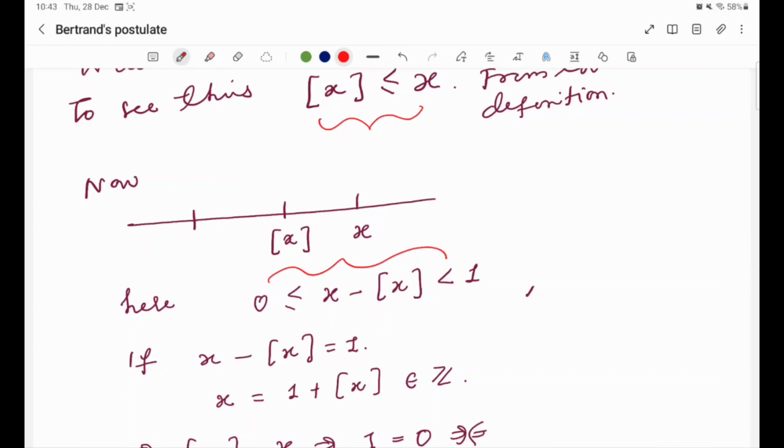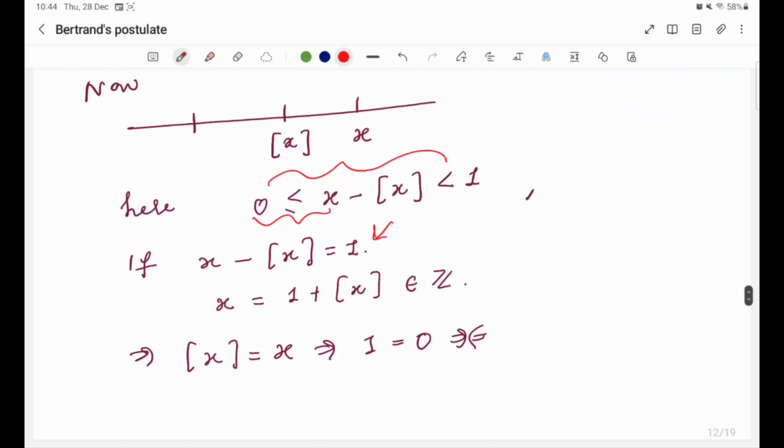It's very easy. Suppose we assume this is equal to 1. This is very clear, right? Because box x is the smaller one, if you take it away from x, of course the difference should be greater than or equal to 0, so the left inequality is easy. To prove the right inequality, you assume the equality, and if you add that possibility, definitely it should be less than that, right?